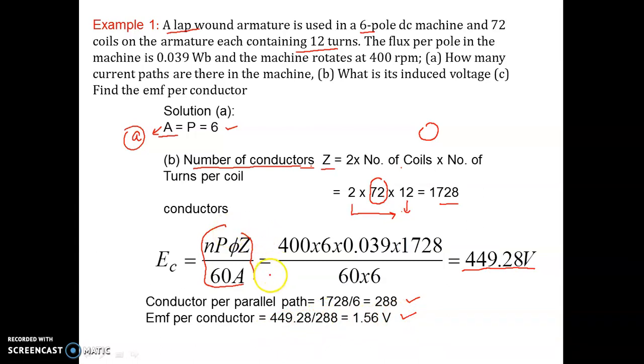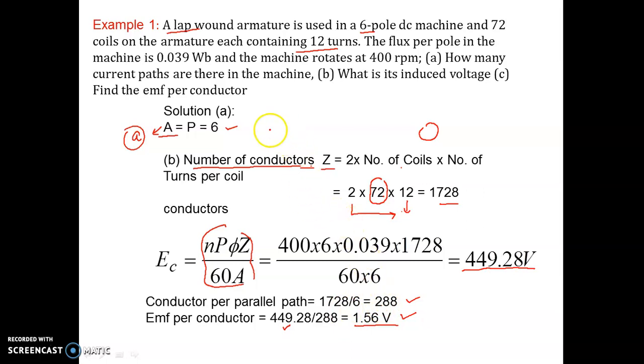This relation is very interesting, that one conductor will produce only 1.56 volt, but we have a total voltage of 449.28. So just multiply this value by 228, you will get this value. So for one conductor the voltage is 1.54 volt.